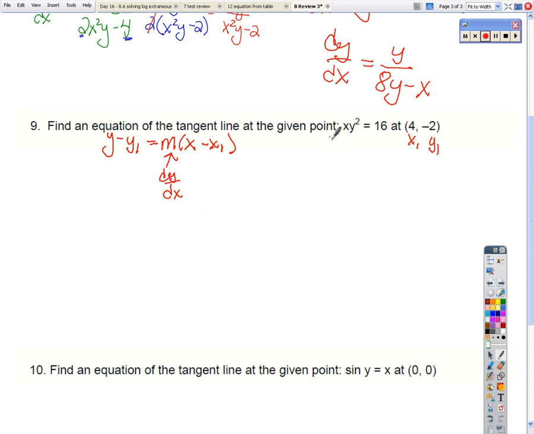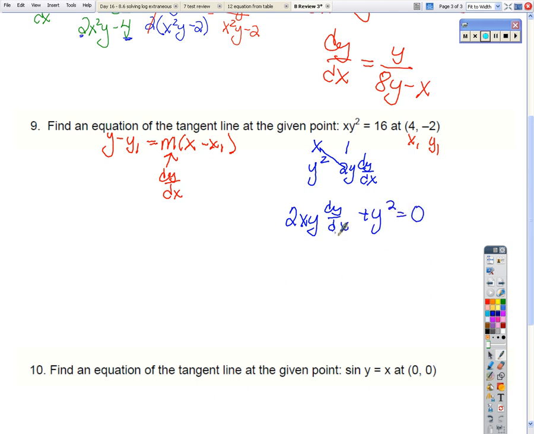So first, I need to find dy/dx to get my slope. Well, I need the product rule here. So the derivative of xy squared is x times 2y dy/dx plus y squared equals 0.